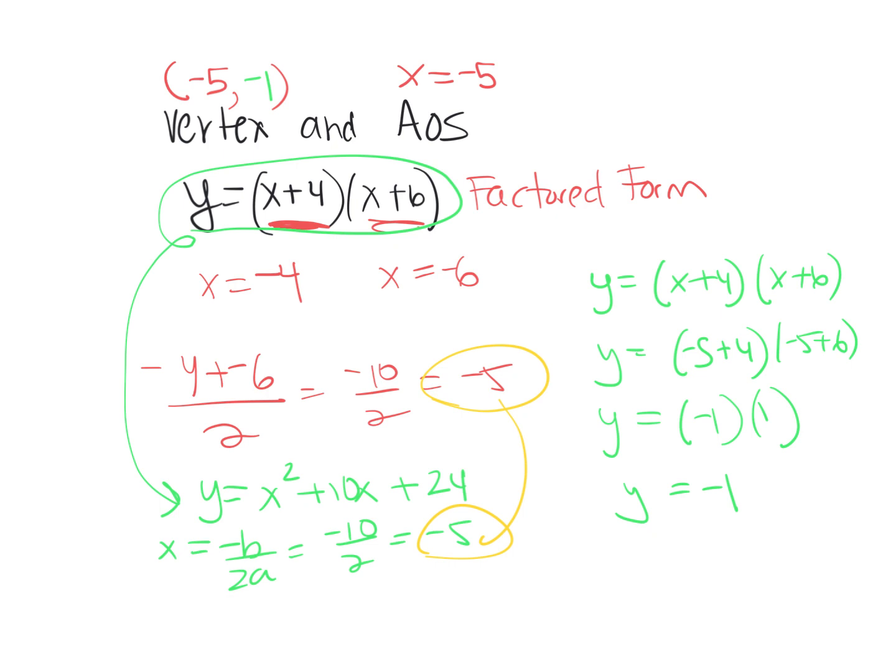And we've talked before about finding the y-coordinate of the vertex. You can either go back to the original equation up here and put in -5, or what you have multiplied to put into standard form, you could put -5 in here also for x, and you would still get the same y value.